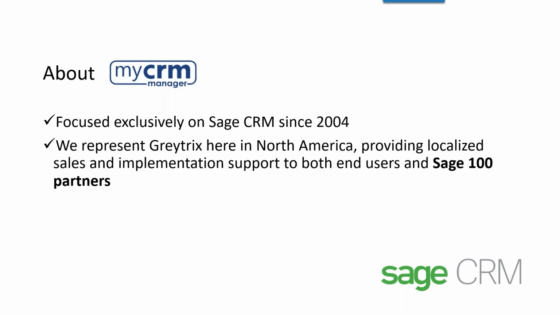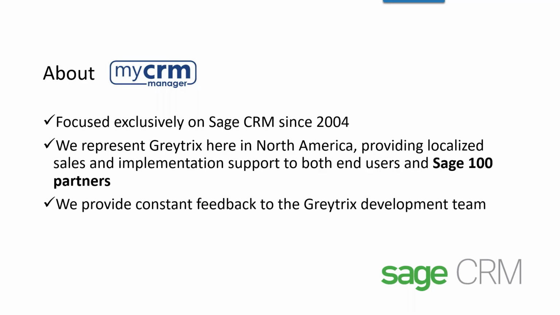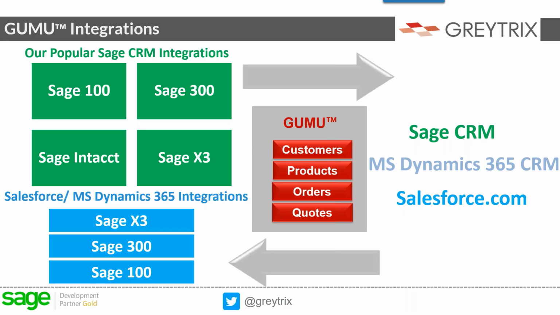If you choose to work with Gratrix independently or with a different Sage CRM partner, that's totally fine. We just want you to know everything about this integration, what's new and what's going on with it. And of course, we always provide constant feedback to the Gratrix development team. That's why the integration is so progressive and keeps making changes all the time. It's based on feedback from the field.